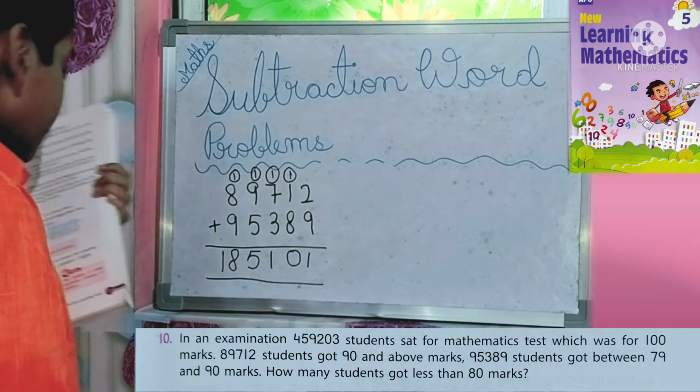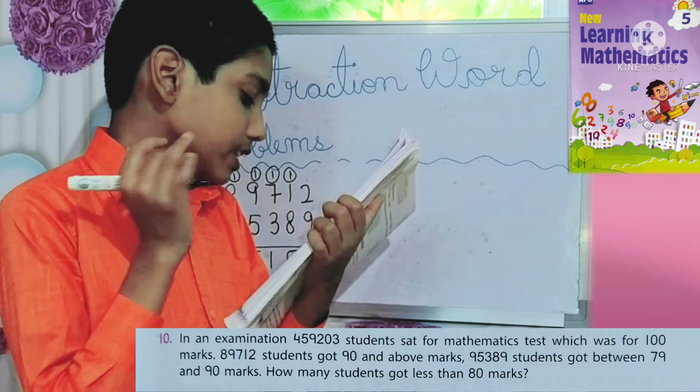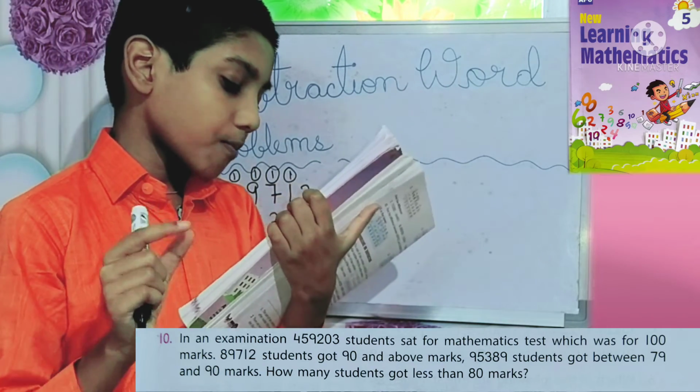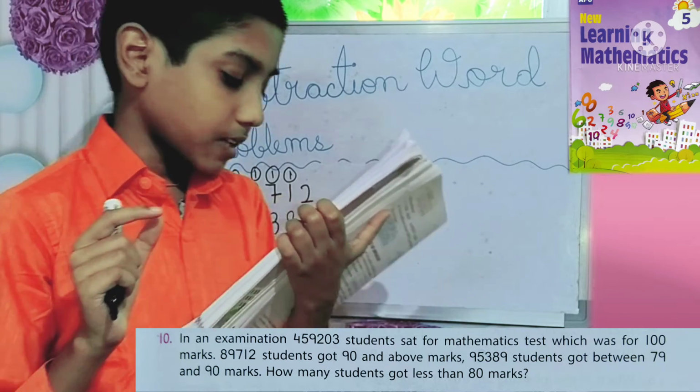So this many students in total got 90 and above marks and between 79 and 90 marks.